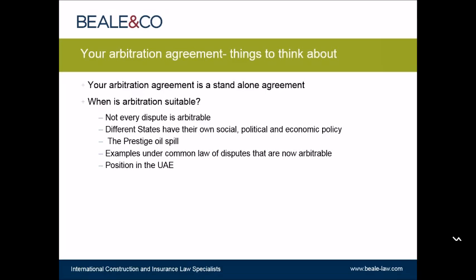Instead, parties should look at the particular circumstances, such as the nature and value of potential claims, the complexity of potential claims, the speed with which a decision is required, the location of the relevant parties, and for the purposes of enforcement, the location of their assets, the language, the seat of arbitration, the number of arbitrators, and any preconditions to arbitration, such as mediation.